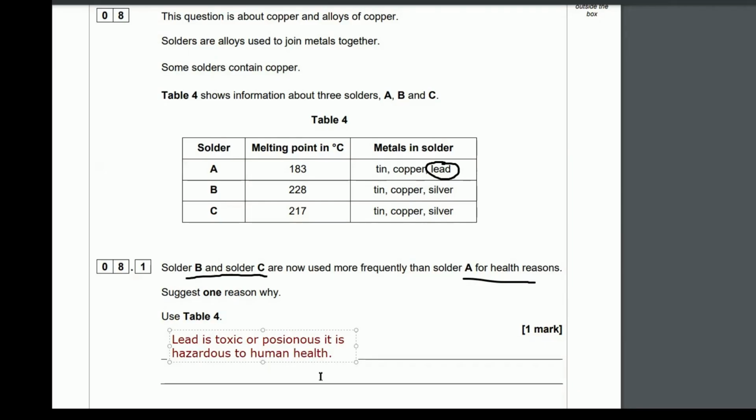Now, if you're wondering just out of curiosity, how would you know which metals are bad for human health and which ones are okay? Just think about what you eat in your diet. What metals do humans eat? What metal ions do we take in? You get calcium in milk. So calcium, good for us. We talk about iron in your blood.